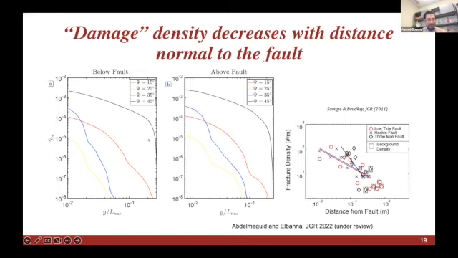And although our simulations are under high confining pressure, this kind of agrees with observations at the surface for the fracture density as a function of distance from the fault. So perhaps some of what we are seeing at the surface is also translated to depth. Of course, we cannot be sure until we do 3D simulations, but this is just one conditional observation.